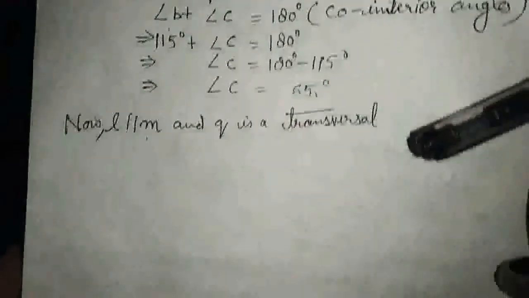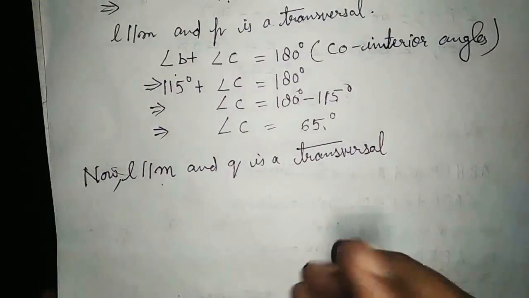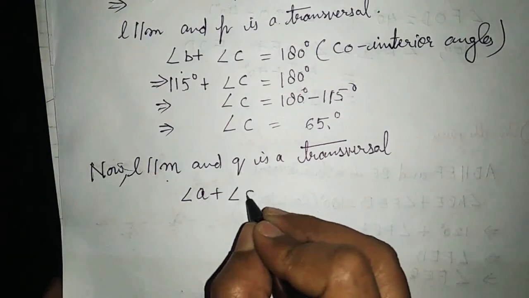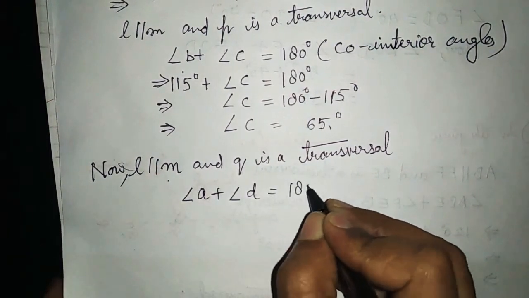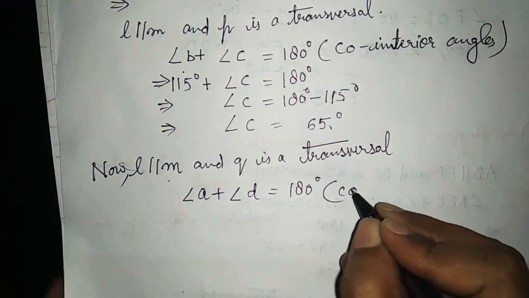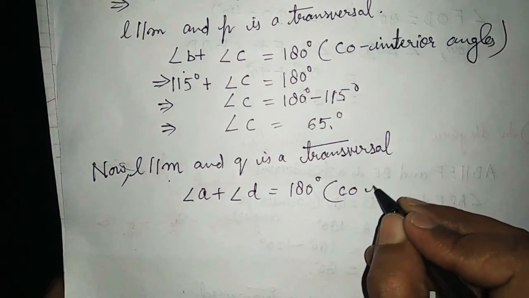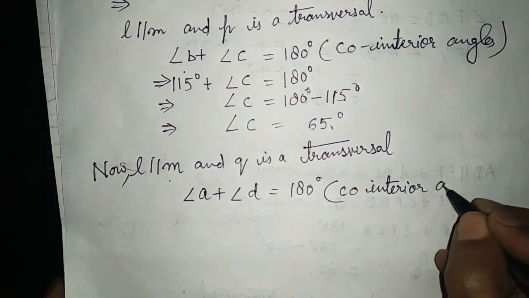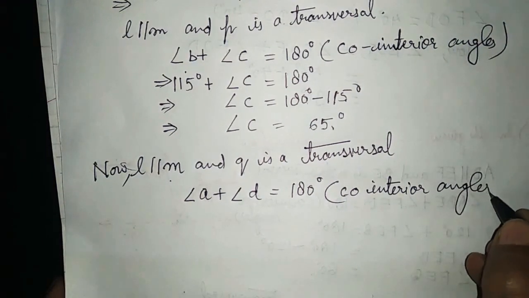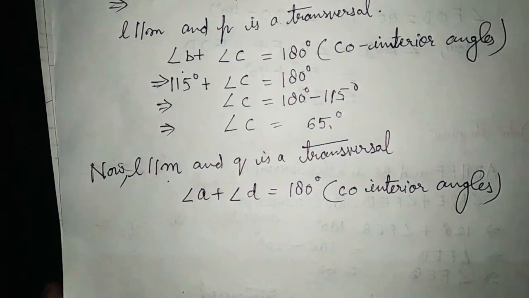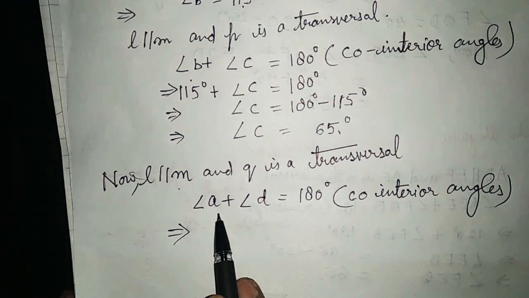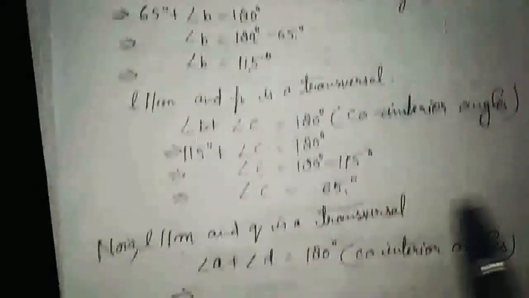So here we will write angle A plus angle D is equal to 180 degrees, and here we will mention co-interior angles. Okay, now here angle A we have calculated 65 degrees.